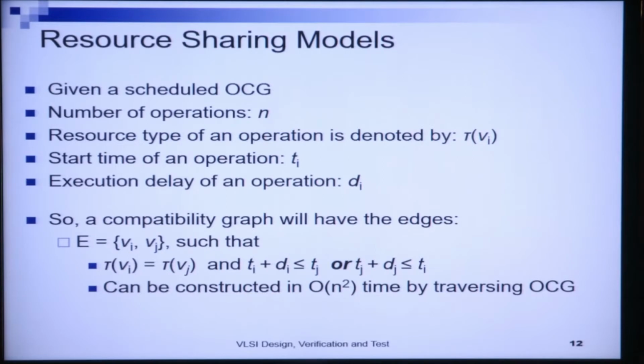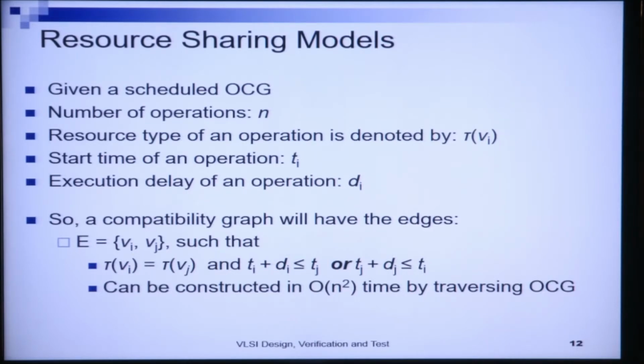Now we understand how we can obtain these edges. I need to traverse the operation constraints graph and consider each operation in the scheduled operation constraints graph. Then I find out, for a given operation, which operations are adjacent to it in the operation constraints graph.